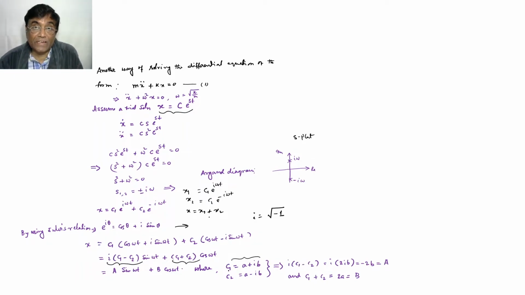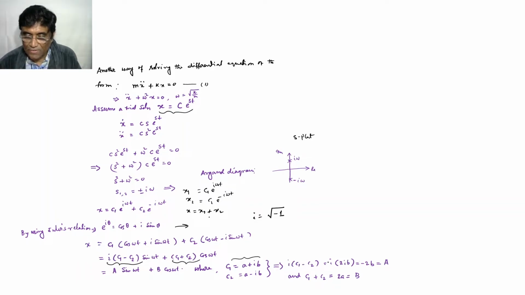These are constants, and we are considering the constants to be conjugate, and the reason is that our roots are conjugate, plus i omega and minus i omega, with the same magnitude. So we can consider the constants attached to the roots as conjugate quantities also. The reason is that A and B will be real quantities.